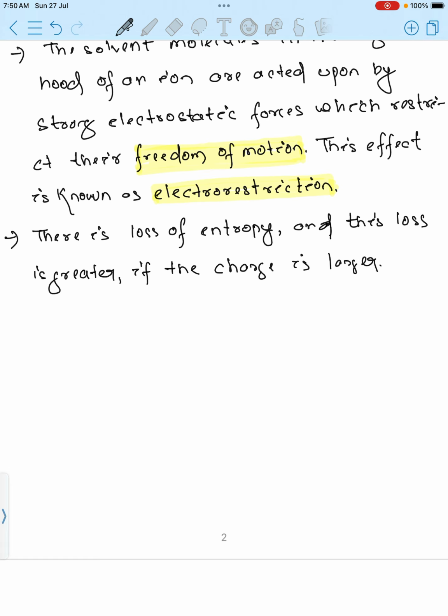There will be more restriction. There will be more associated solvent molecules.